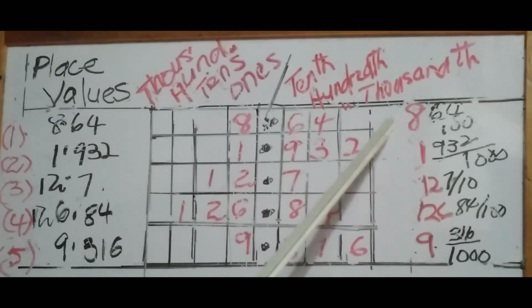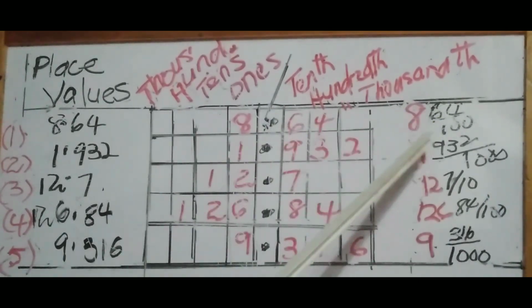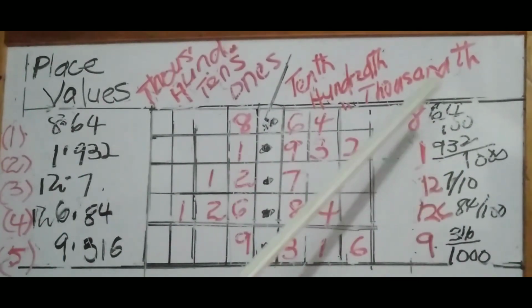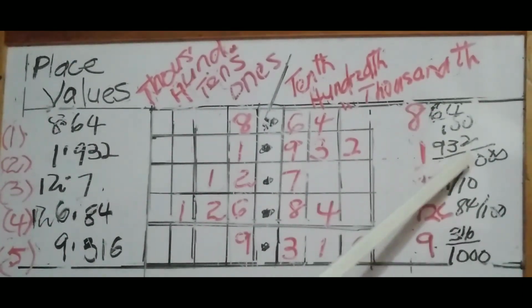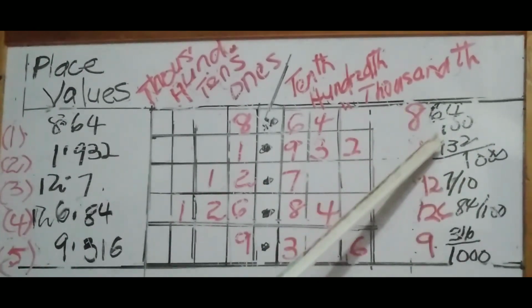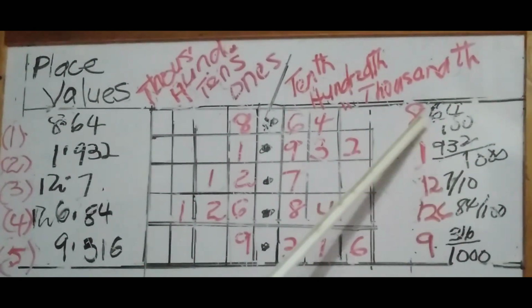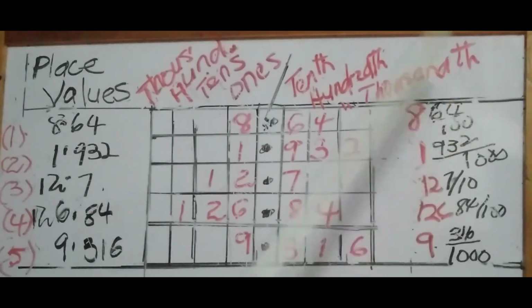Now, over here, I express this same decimal in ordinary fraction form. Whenever you have a whole number and a fraction, we normally call it a mixed number. So this is a mixed number where you have a whole number 8 here and the fraction over here, which will be 64 hundredths.